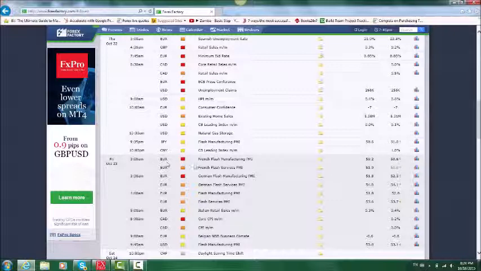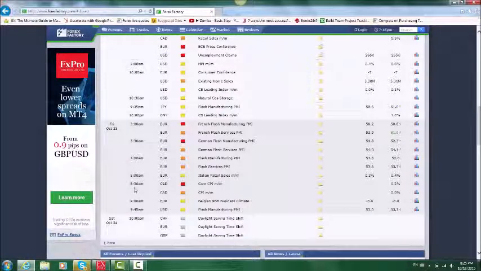And then going into Friday, we have French flash manufacturing PMI number and flash services PMI number for the Eurozone here. Then we have German manufacturing PMI and services PMI number, and overall flash manufacturing PMI and services PMI number for the Eurozone.